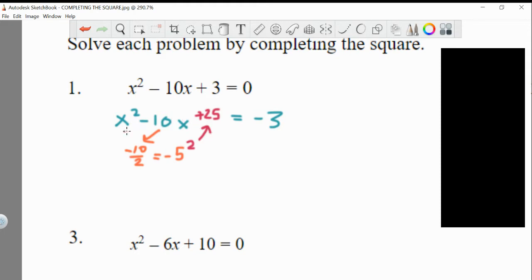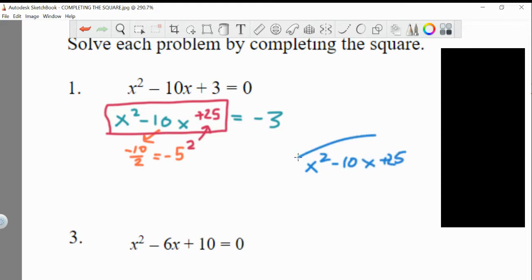So now that we've done that, this thing right here is a perfect square, a repeated factor trinomial, okay? We could factor this now, and don't write this down, but just to prove it to you, that would be 25, that would be 1 times 25, or 5 times 5.